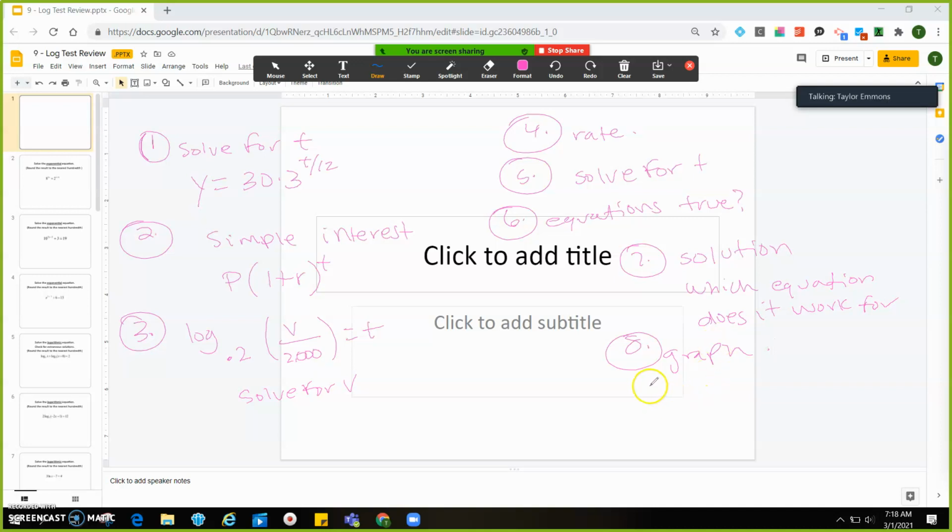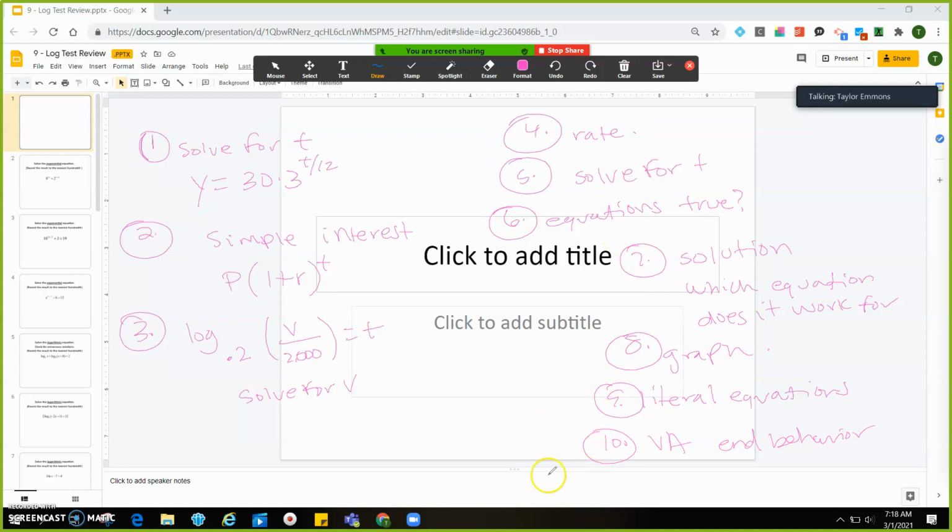The next one's about literal equations. The next one is talking about vertical asymptotes and end behavior. And the next one's asking about a word problem and kind of like interpreting what different pieces of it means.